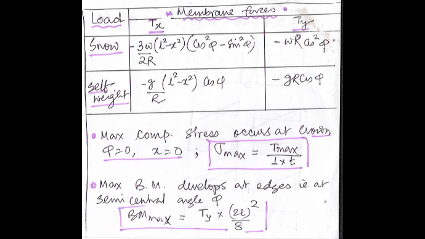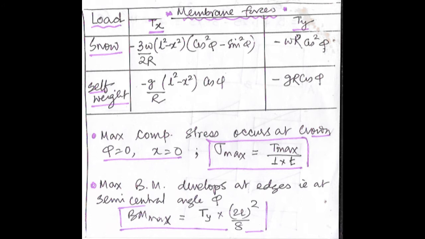First we will solve the problem by putting the value of W and R. We will put W, R and L, x and phi value we will not put, we will find out the generalized expression. After that the question will be like that way, find out the maximum stress developed. In case of a shell structure, the maximum stress generated is at the crown. At the crown the semicentral value is 0 obviously, and x value, that is the x coordinate, is also 0.